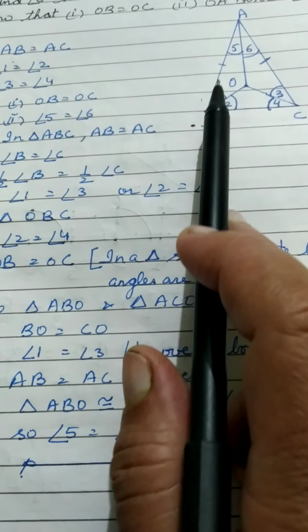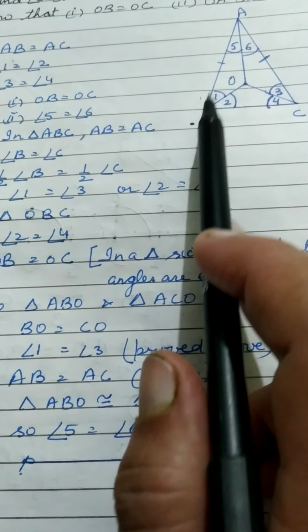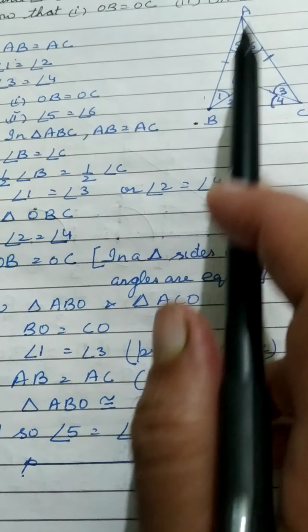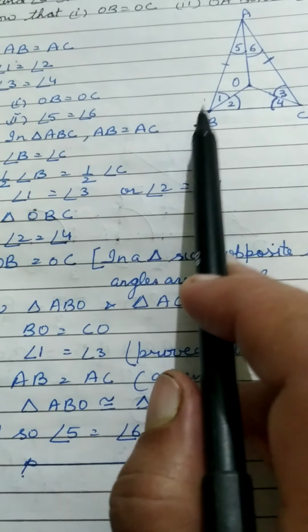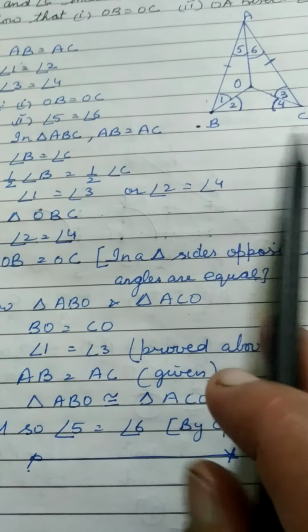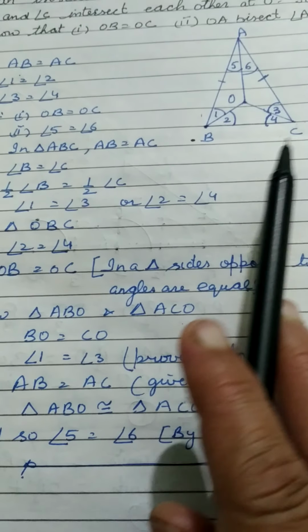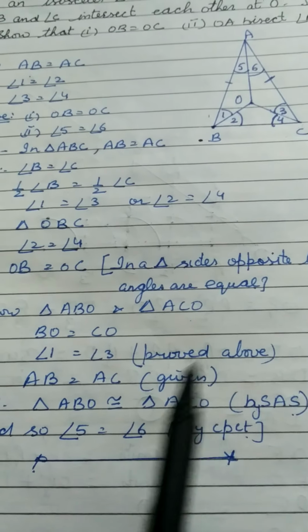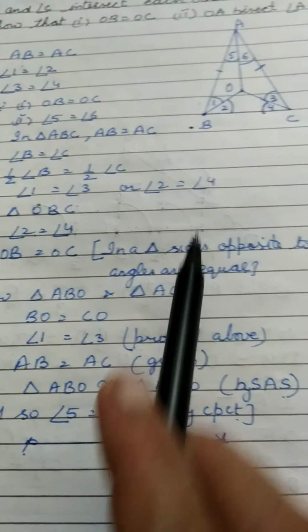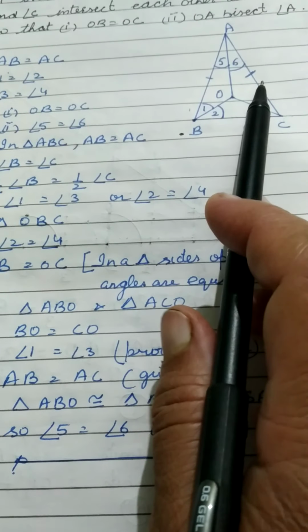It means that in triangle ABO and ACO we have AB equal to AC, OB equal to OC and OA equal to OA. Means the three sides of one triangle are equal to the three sides of the other triangle. It means that these two triangles are congruent.